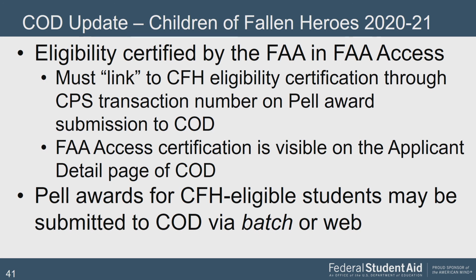So if the student has a CPS transaction 1 and 2, and they were Pell eligible, but this certification is not on there, and then all of a sudden you did the certification in FAA Access, that would create another CPS transaction, and Misty will go over this tomorrow in her session, but only until we get you to submit the award with the CPS transaction 3 will COD know that we can process at that higher award limit based on this provision, because that is the one that is actually certified. So pretty simple and straightforward.